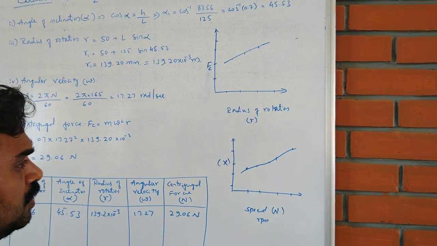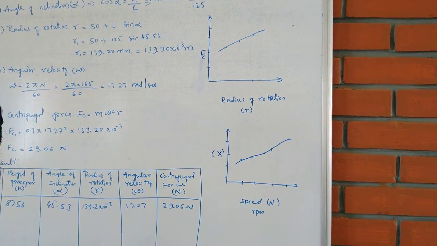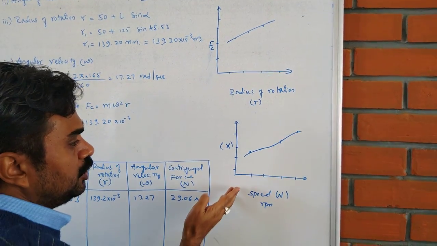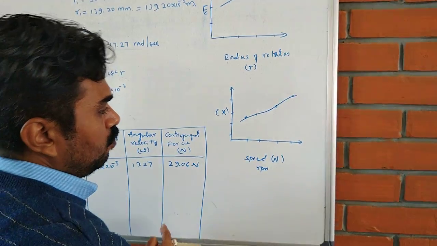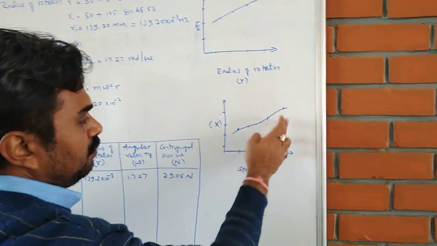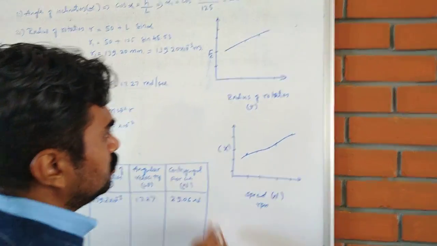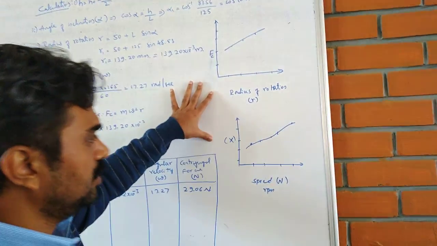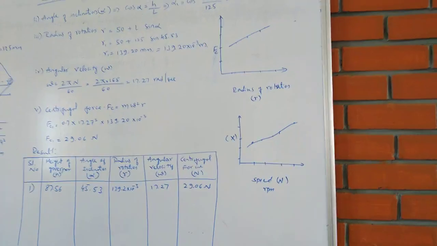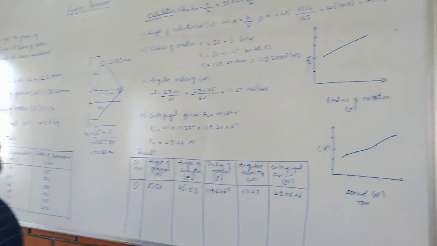Next we have another graph, speed versus sleeve displacement. We plot the speed on the x-axis and the displacement on the y-axis, and we'll find the nature of the graph. These two plots you need to plot on the graph sheet. This completes the experiment of the Porter governor. Thank you.